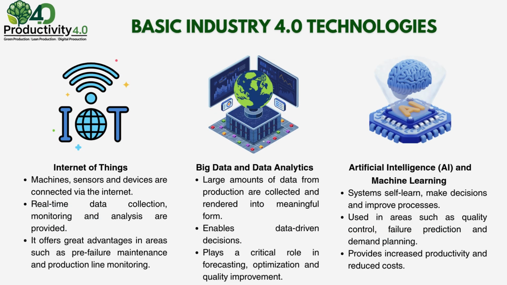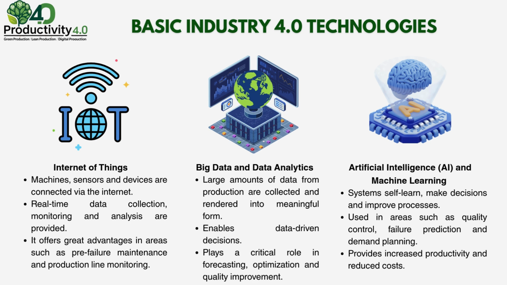Basic Industry 4.0 technologies lie at the heart of digital transformation in production. First, the Internet of Things (IoT) connects machines, sensors, and devices, enabling real-time data collection and monitoring. This allows for early fault detection and more effective management of production lines. Next comes big data and data analytics, which process massive data sets from production to generate meaningful insights.